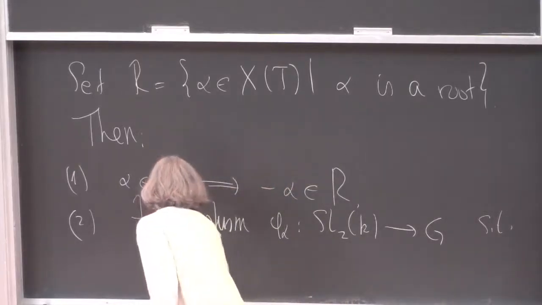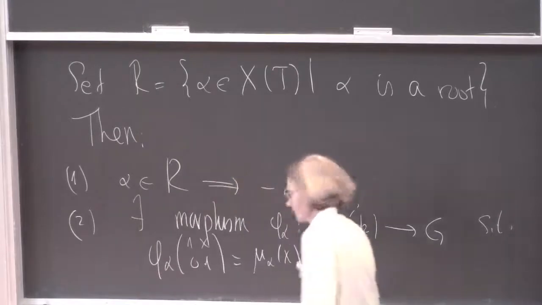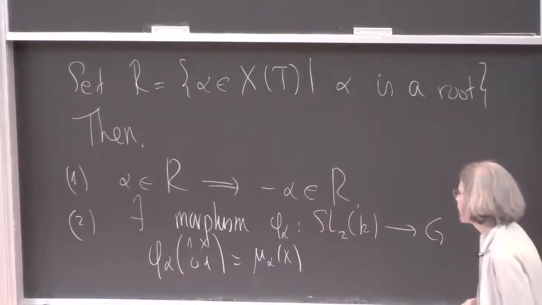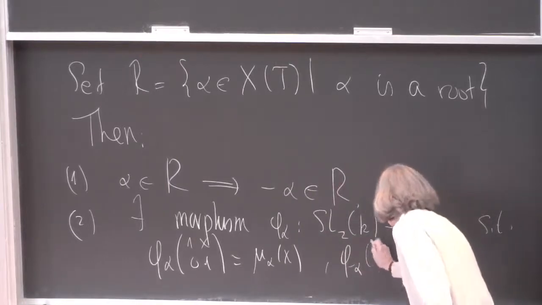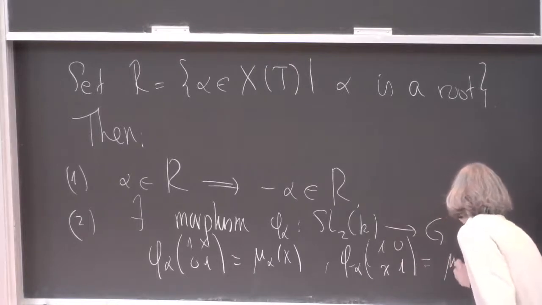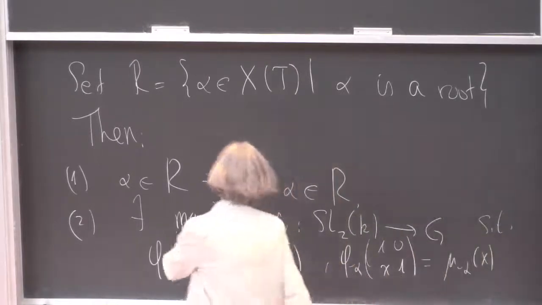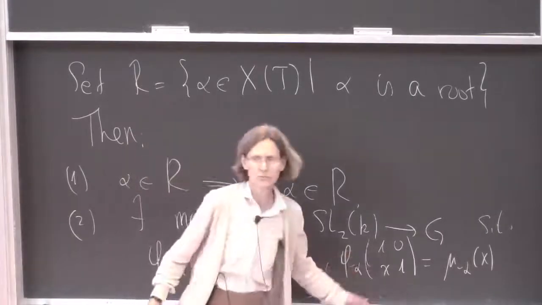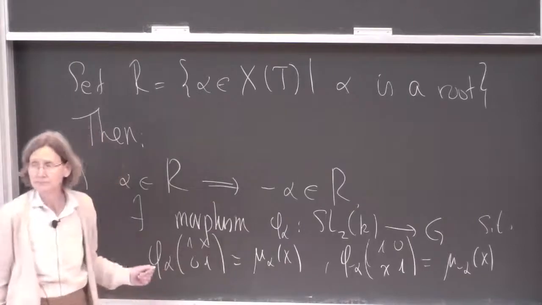So phi alpha of this is equal to mu alpha of x, and phi minus alpha of this matrix is equal to mu minus alpha of x. Okay, so for each root, I not only get a root group and this other root group that goes with it, but together, that's some group that's an image of an SL2.